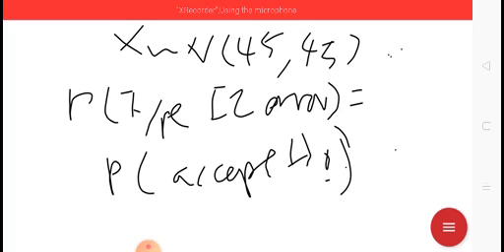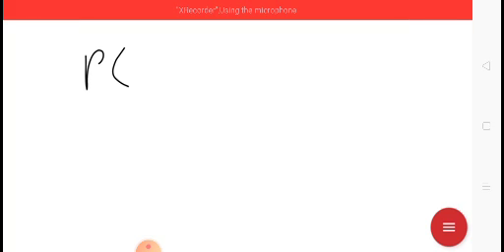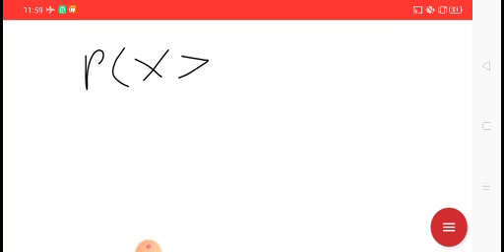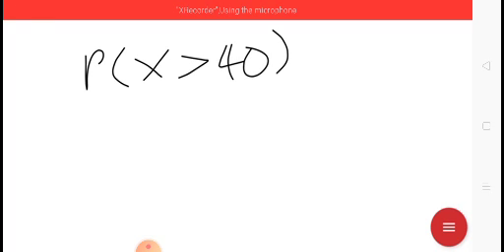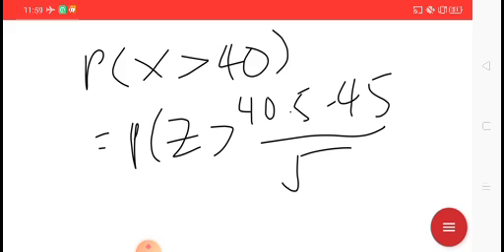Once you have this, you can proceed to do the approximation. So when you accept H naught, what happens? P(X larger than 40) means P(Z larger than (40.5 minus 45) over square root of 45).